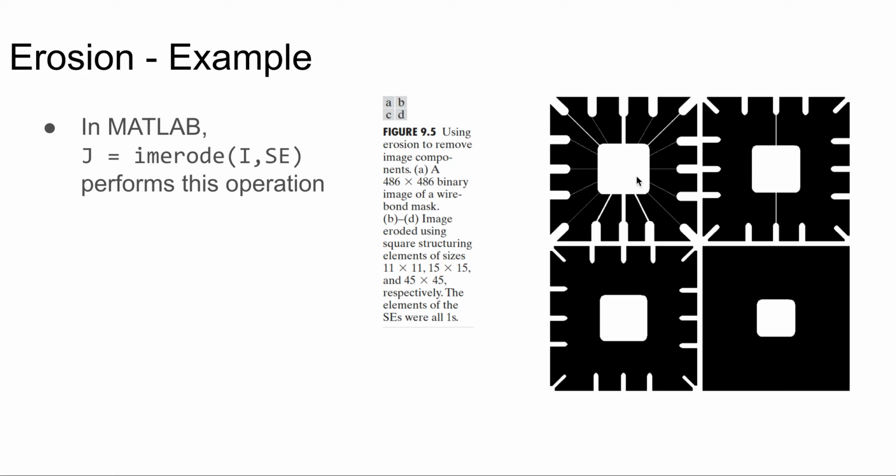On the right side, I have shown certain examples of using the imerode function, or the result of erosion. So here I have my original image which shows some traces of a PCB. If you erode this image using a square structuring element of size 11 by 11, this is the result. And if you do it using a 15 by 15 square structuring element, this is the result. And if you do the same operation by using a 45 by 45 square structuring element, this would be the result.